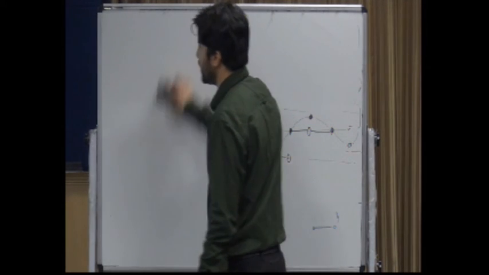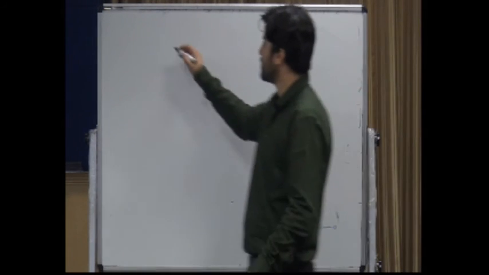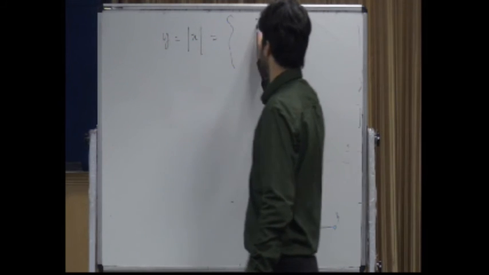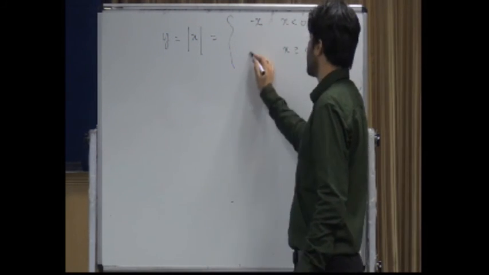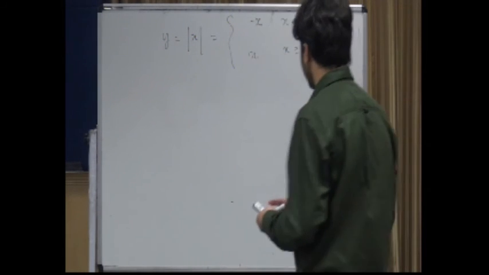I hope you understand mod function as well. What is y is equal to mod x? हाँ, क्या होता है y is equal to mod x? Minus x for x less than 0 and plus x for x greater than 0, यही होता है ना? And you know how to draw the graph?